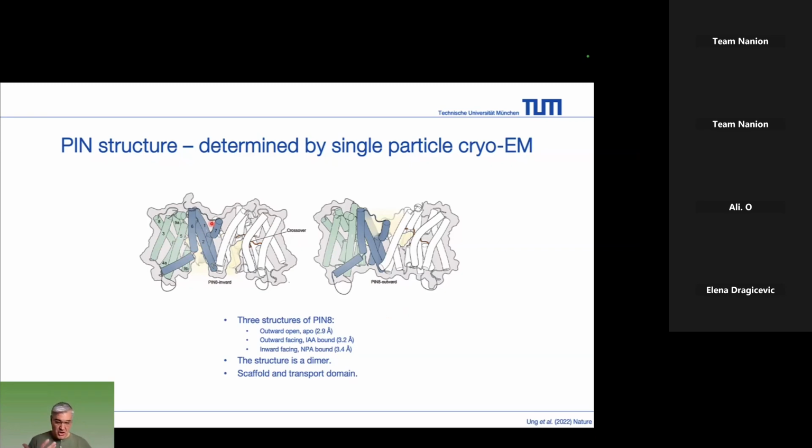I will show you a movie about the transport mechanism at the end of the talk. But suffice to say here that this fold is the same fold as the proton-sodium exchanger that you will also hear about here in the same session. So the fold and mechanism of PIN transporters is shared by a number of other transporters.